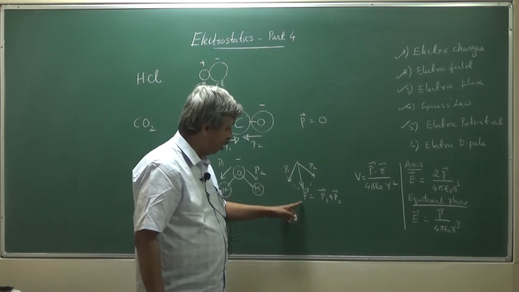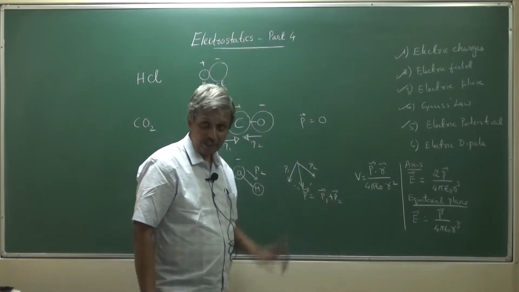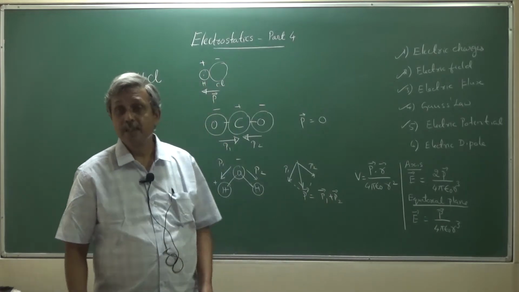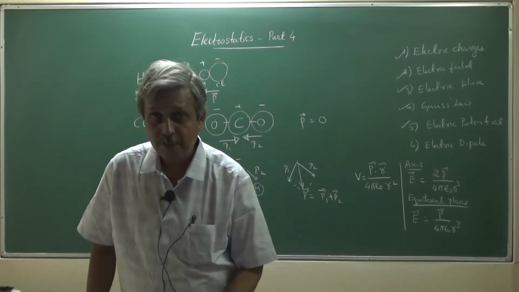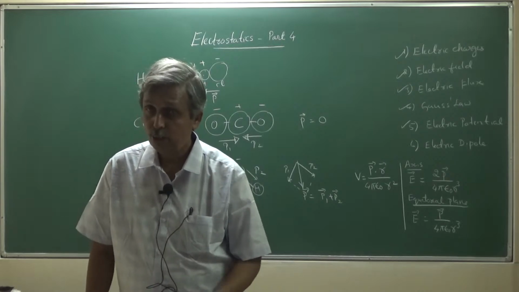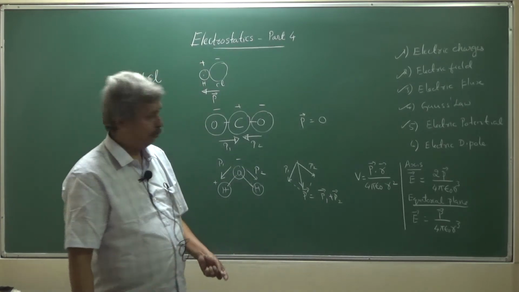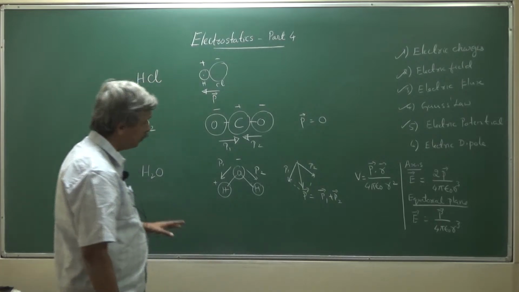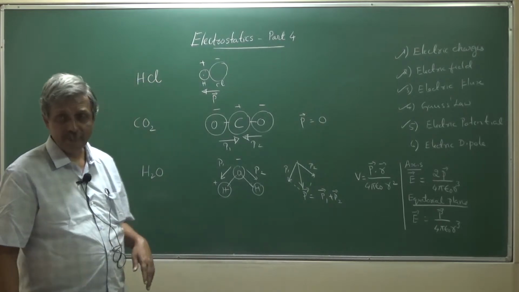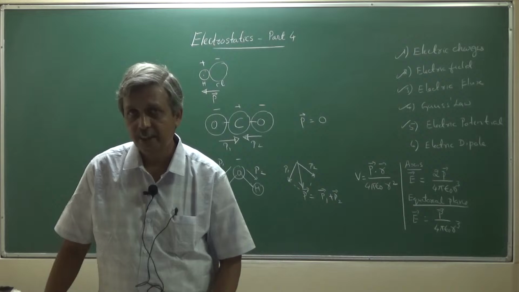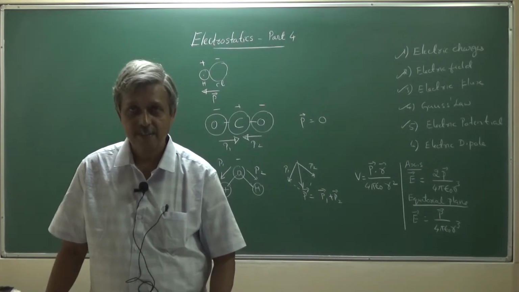So P is magnitude-wise equal to the square root of P1 square plus P2 square plus 2 P1 P2 cos theta. That is the formula that we get. So the dipole moment of any particular thing is a vector, and you can add them like vectors.